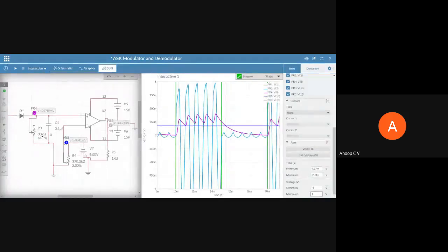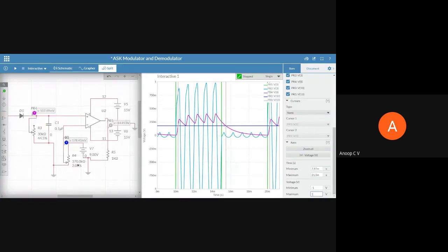That's why in the lab, while you are doing this, or else I request everyone to try it on your own, you just adjust these potentiometer values and try to find maximum time synchronization between input and demodulated output. That is the reason: the choice of R and C, and also the reference level we have taken.